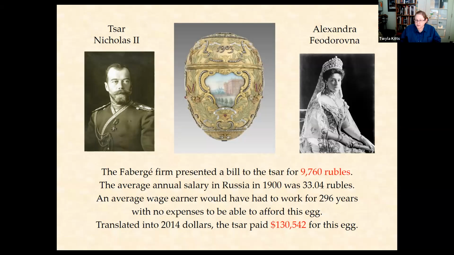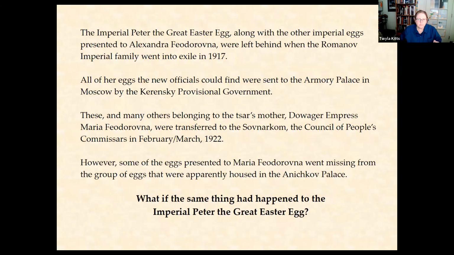Translated into 2014 dollars, the Tsar paid about $130,542 for this egg. So that's kind of what it was worth in terms of both rubles and working hours in 1903. So I think that gives you kind of an idea of what maybe you should offer for it.